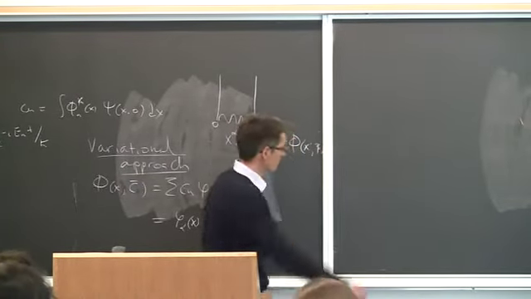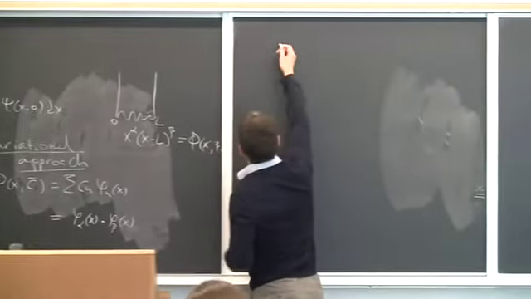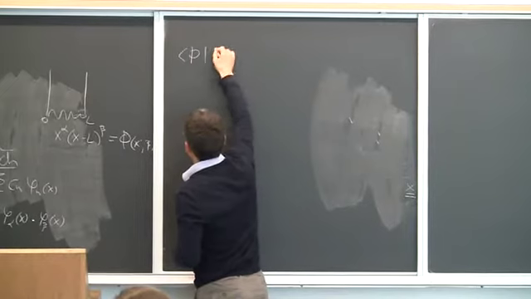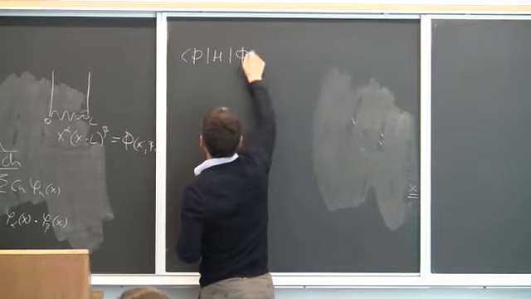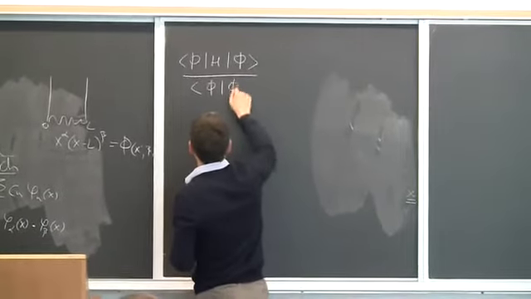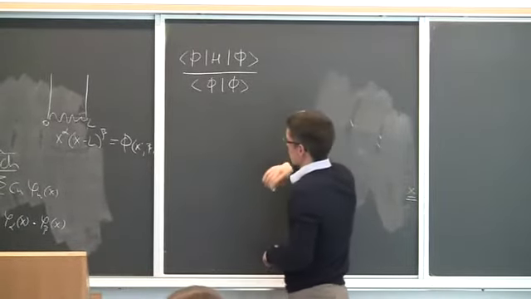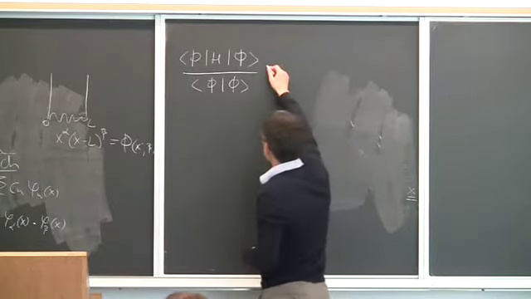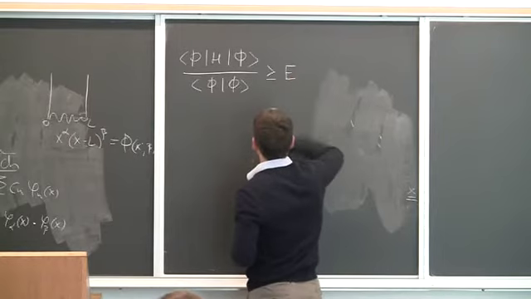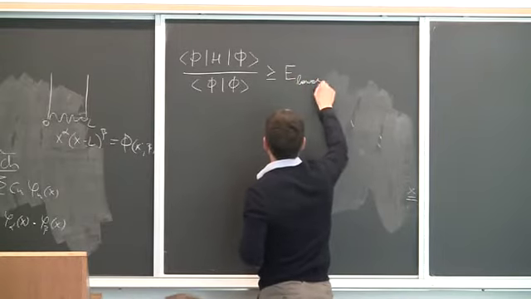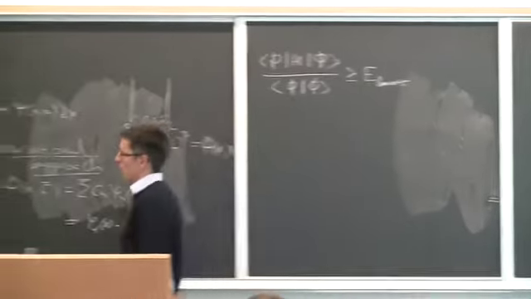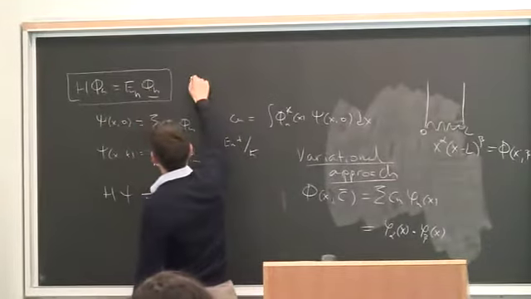It says that if you have some trial function phi, and you make this product divided by the norm of phi, because the function might not be normalized, this will always be larger than or equal to the lowest eigenvalue of our time-independent Schrödinger equation.